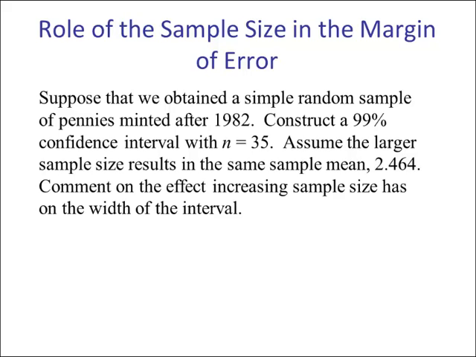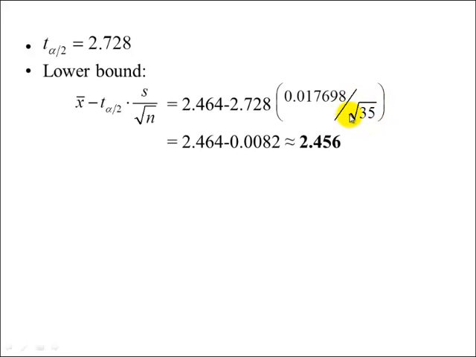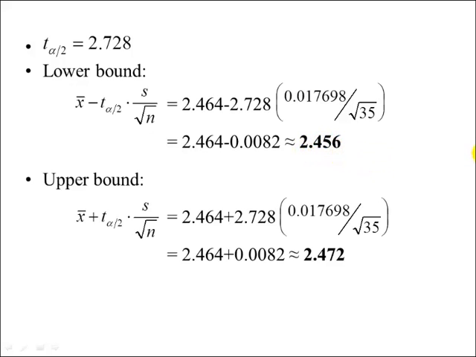Comment on the effect that increasing the sample size has on the width of the interval. Our critical t-value is 2.728. When we go to the formula and replace 17 by 35, we get a lower bound of 2.456, and the upper bound is 2.472.